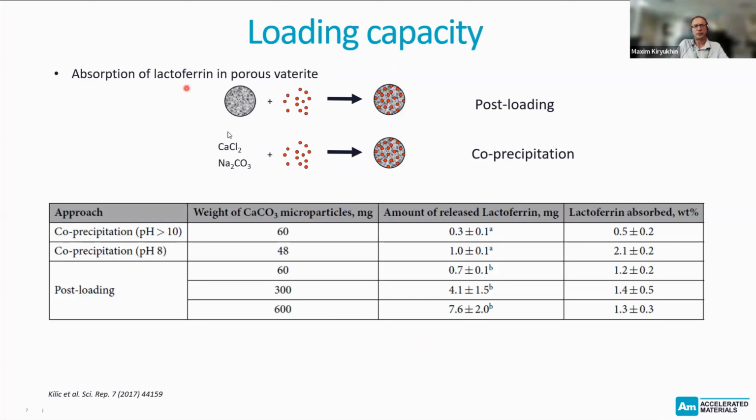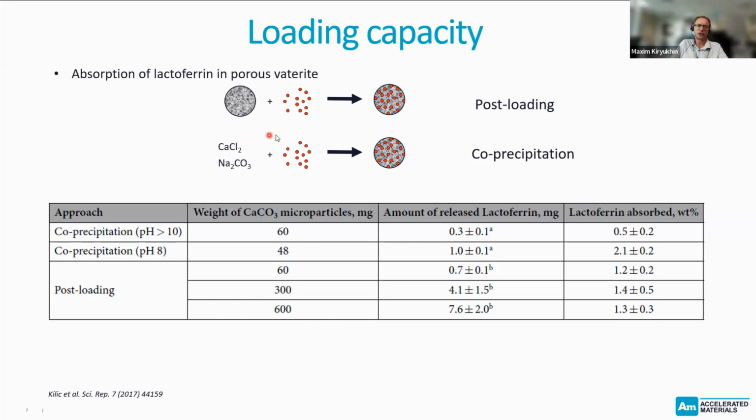Like, for example, in this particular case of lactoferrin, which is a whey protein and a major component of human breast milk. It has numerous health benefits, but unfortunately, when it is just consumed by adults, it is fully digested in our stomach, losing all the health benefits.